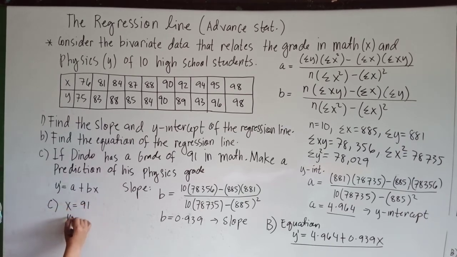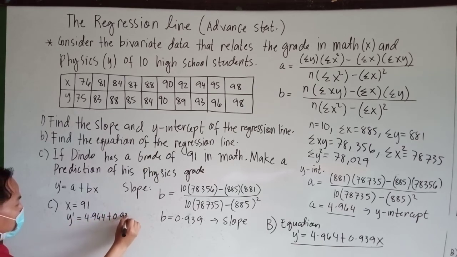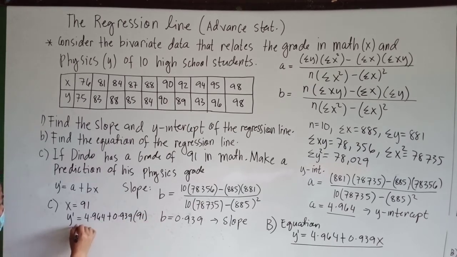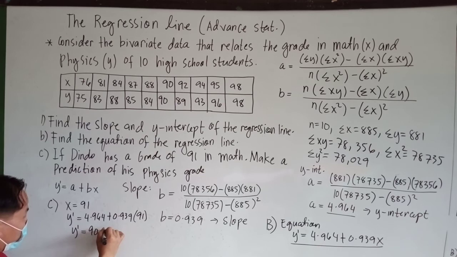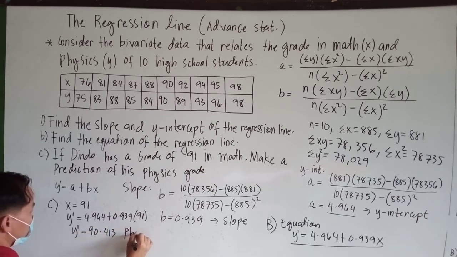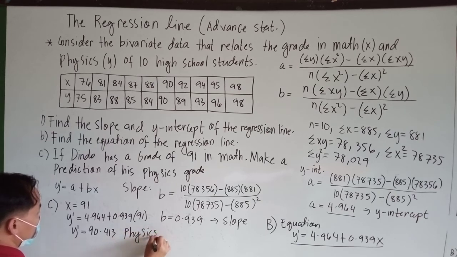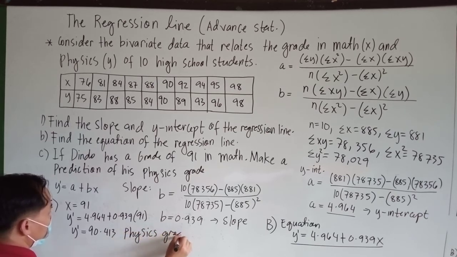Therefore, Bindo's grade in physics is equivalent to 4.964 plus 0.939 times 91. Simplifying that, the grade in physics would be equivalent to 90.413. So this is the physics grade of Bindo.